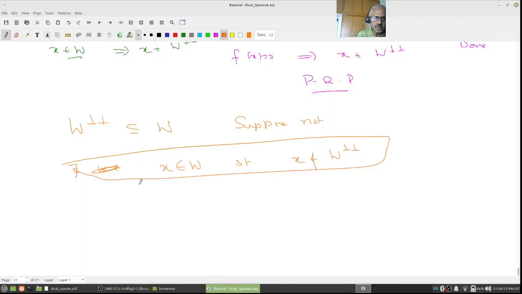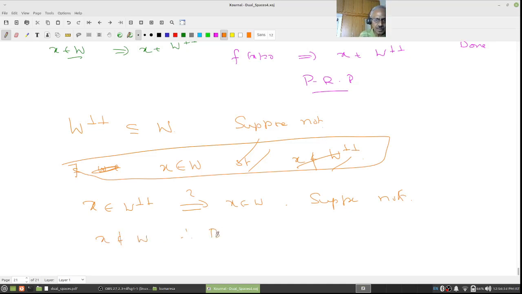Yeah. So let x be in W double perp. I want to know whether x is in W. Suppose not. So I was wrong here. That's why I have to think a little more carefully. That means x is not in W, right?